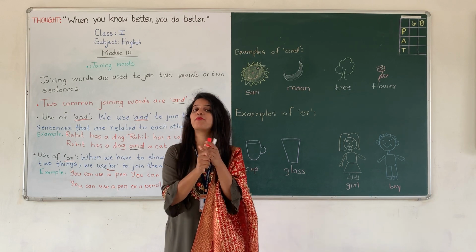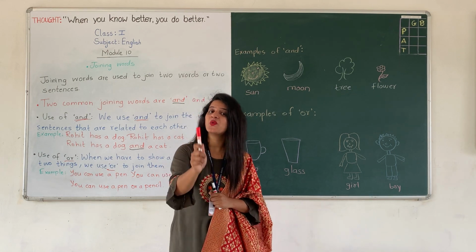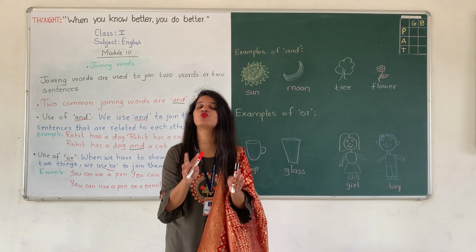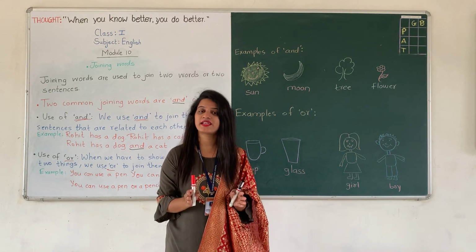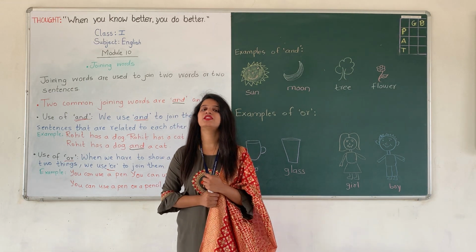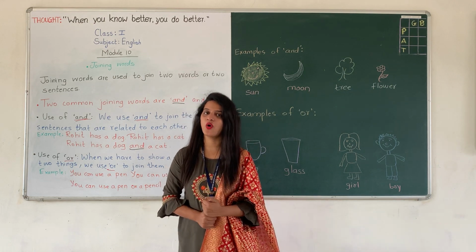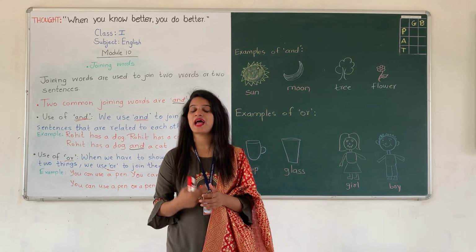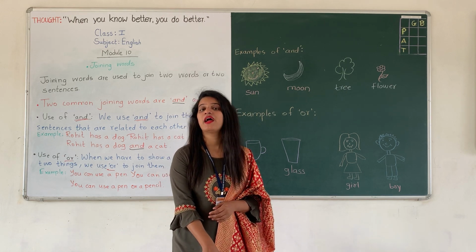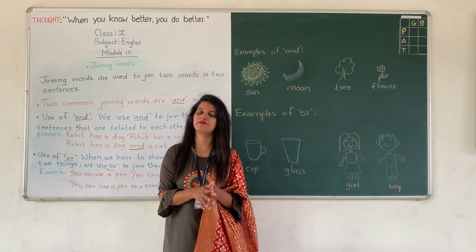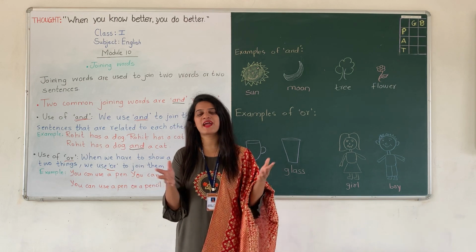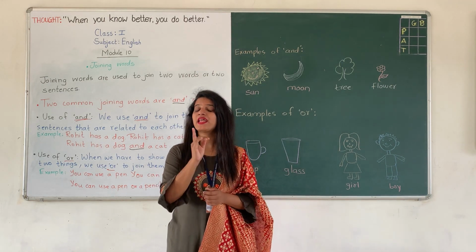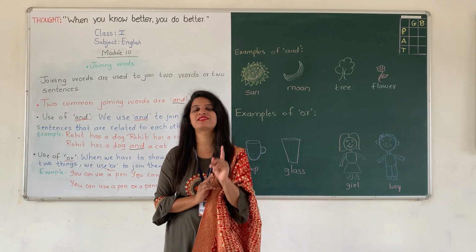Means she will not take both. Only 1. Means you have to choose between the 2 things. That time you have to use the joining word or. Now suppose your mother is asking you, do you want a chocolate or an ice cream? Obviously everyone will say I want both. But now your mother will keep a choice in front of you.